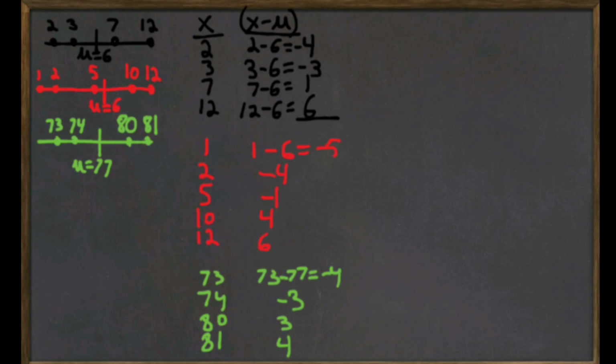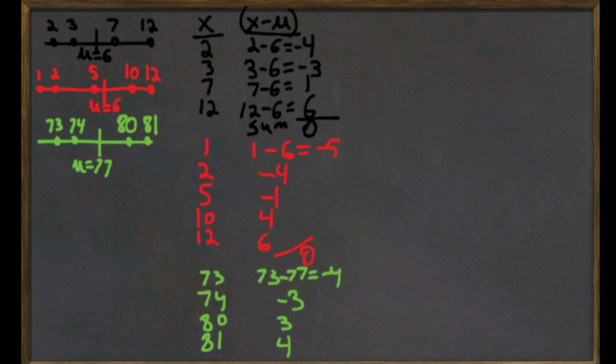For black, we have -4, -3, so that's -7, and then +1 and 6, so that's +7, so it sums to 0. That seems concerning. And if we took the mean, 0 divided by 4 is going to be 0. The same thing happens for red: -9, -10 plus 10 is 0. And the same thing is true for green.